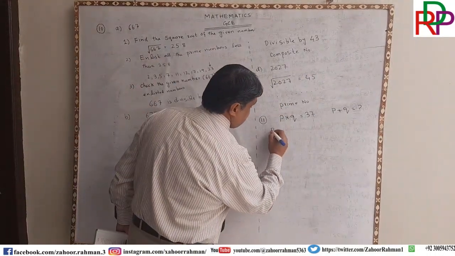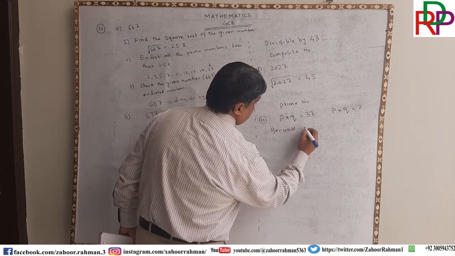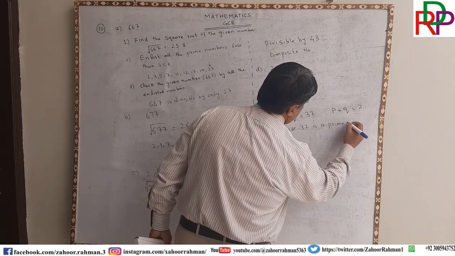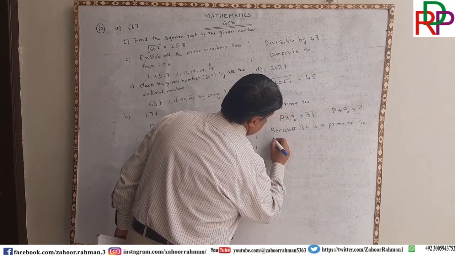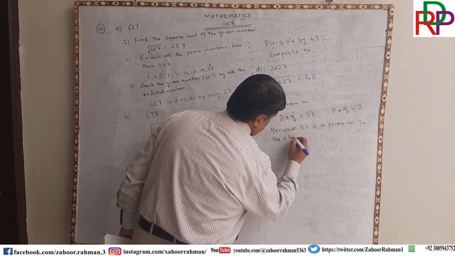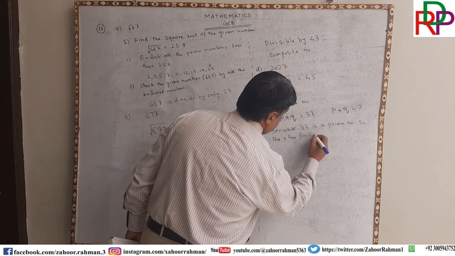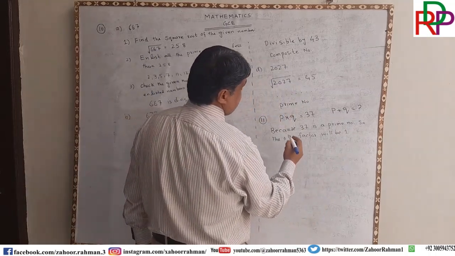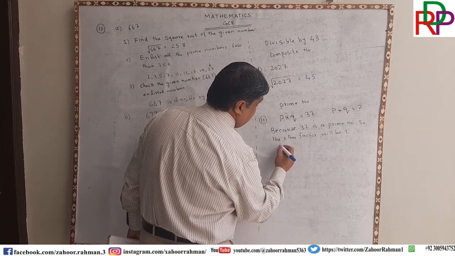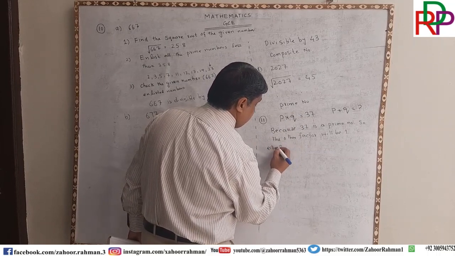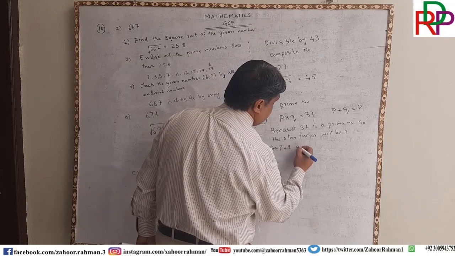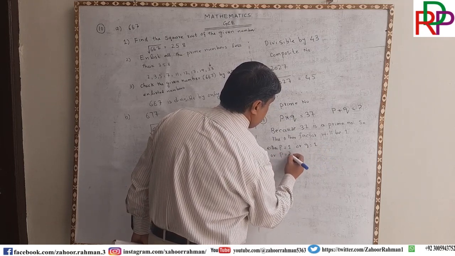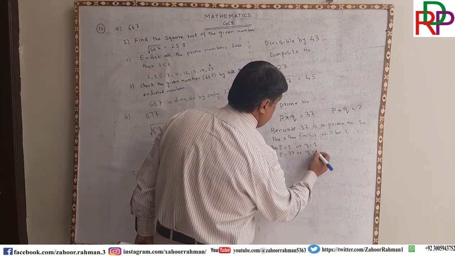I am writing, because 37 is a prime number, the other factor will be 1. It doesn't matter whether P is equal to 1 or Q is equal to 1, or P is equal to 37 or Q is equal to 37.